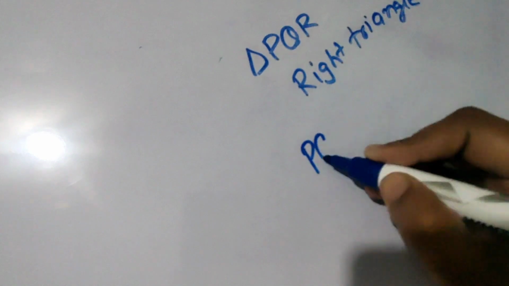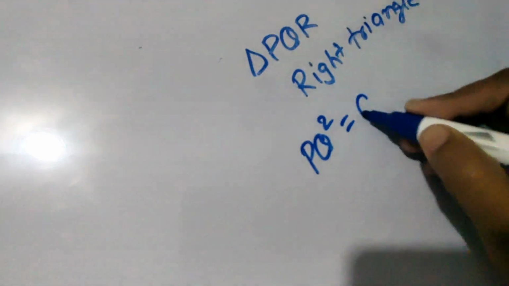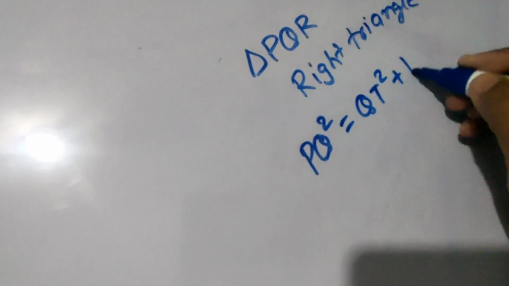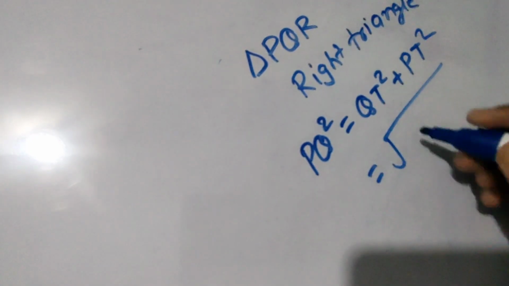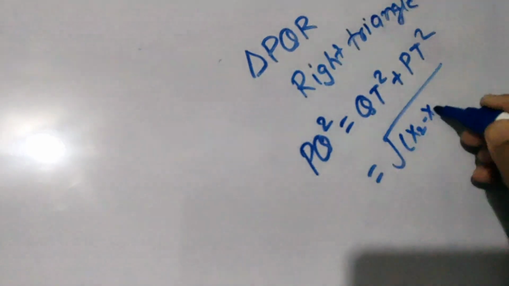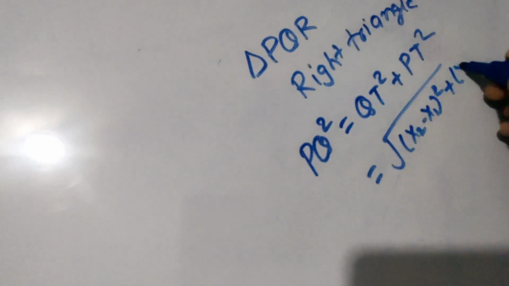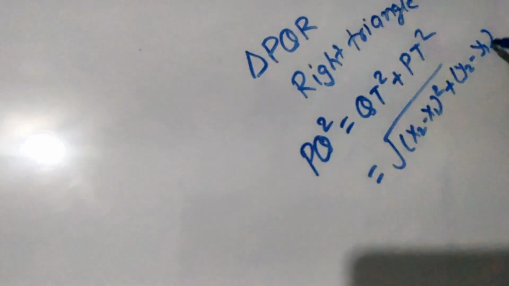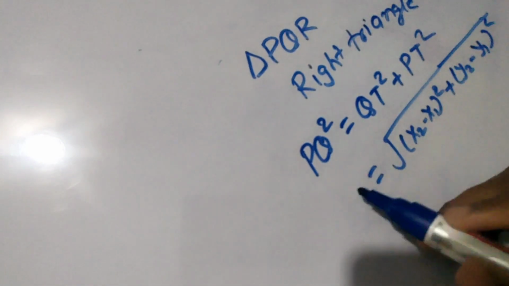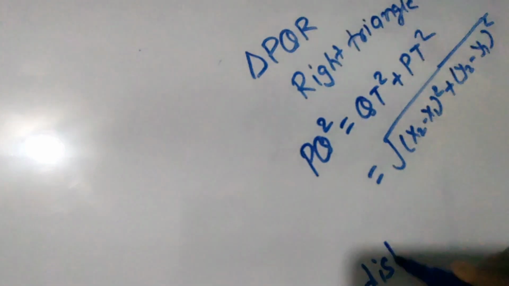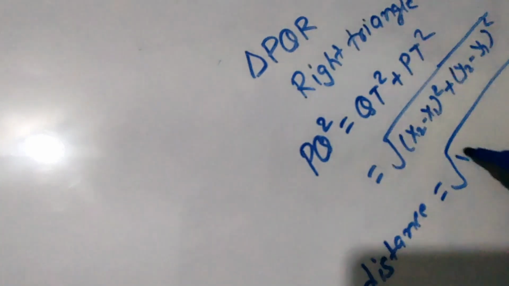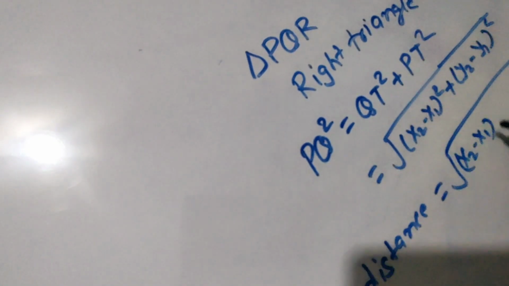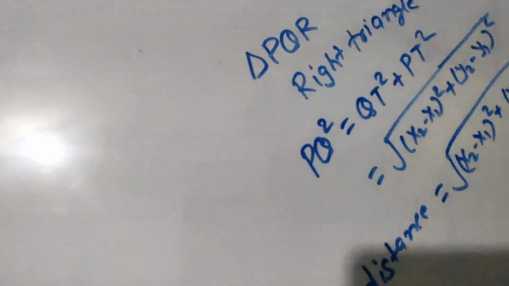Then PQ square equals QR square plus PR square. QR value is x2 minus x1 square plus y2 minus y1 square. The distance formula is: distance equals under root of (x2 minus x1) square plus (y2 minus y1) square.